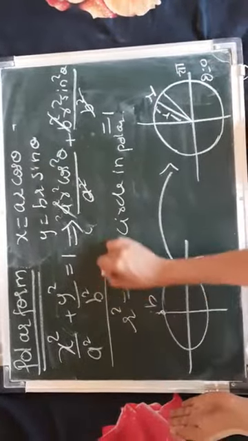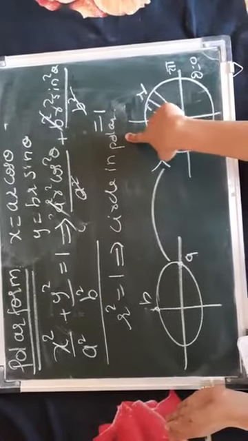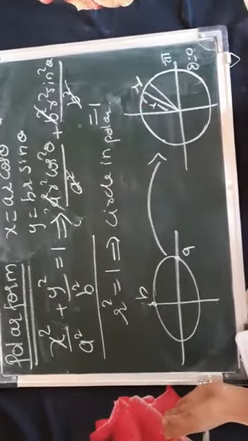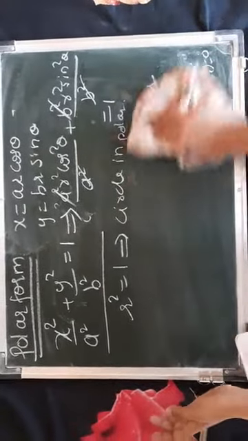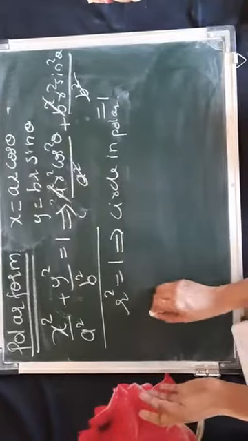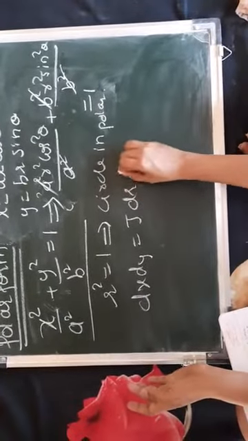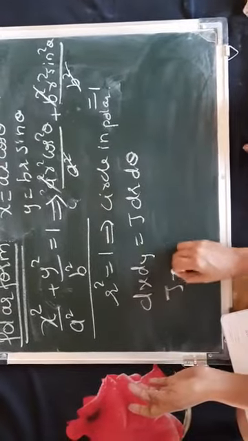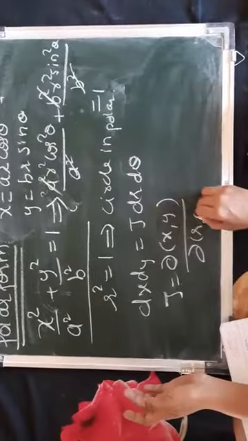But what is the most important thing? The ellipse is getting converted to a circle when we substitute polar form. The point which we also have to check is dx dy. So how will dx dy change? dx dy will be Jacobian into dr d theta, that is for sure. But the Jacobian here, of x, y with respect to r, theta, is not just r.